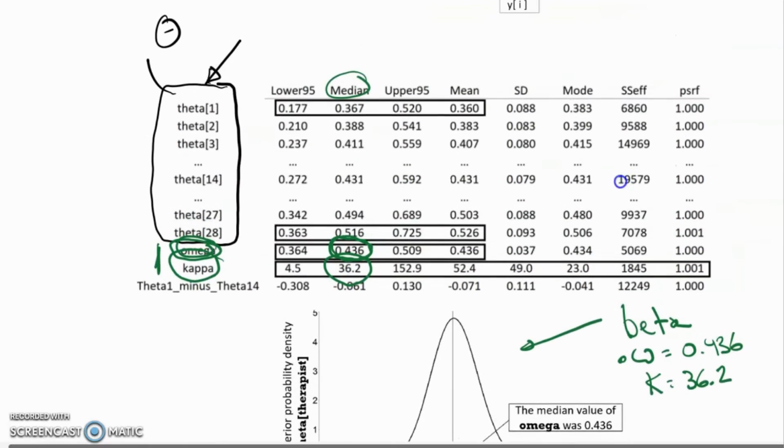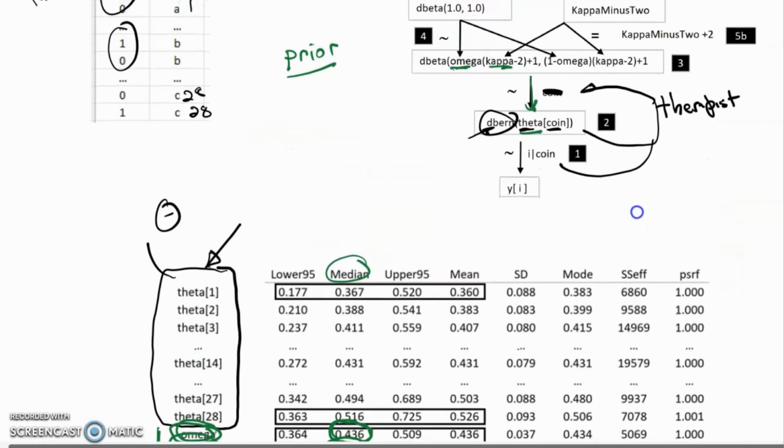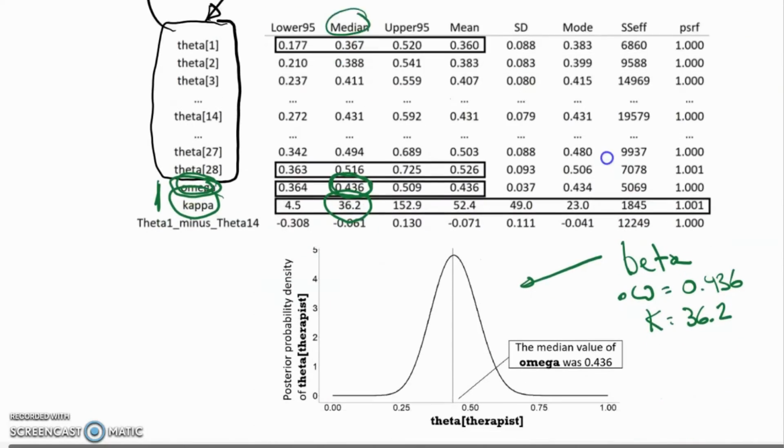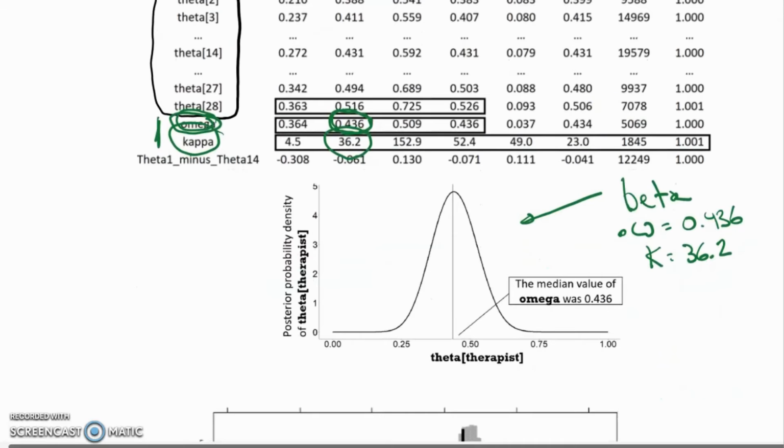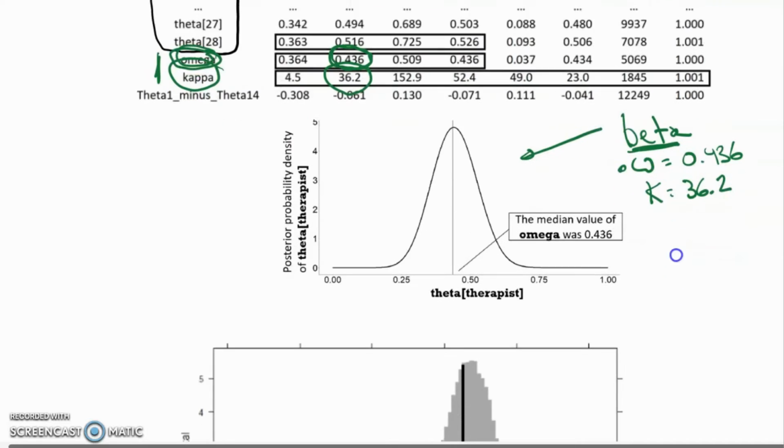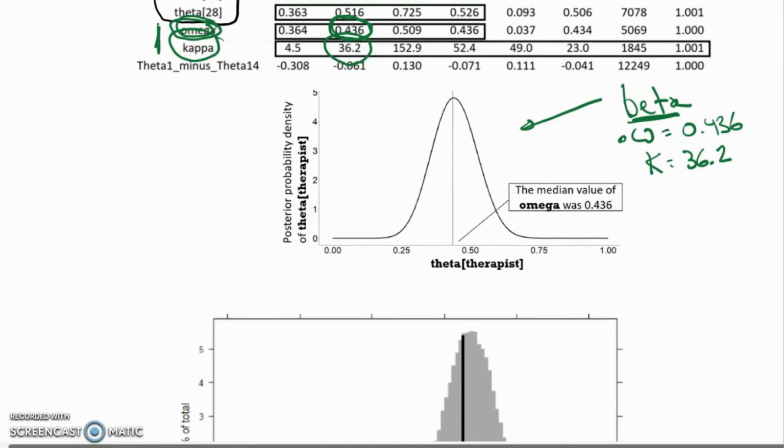The way I look at this is, we've identified this thing here as our prior for theta. But there's another way we can think about this distribution. We can think about this beta distribution as being the distribution from which the 28 different values of theta are randomly drawn.